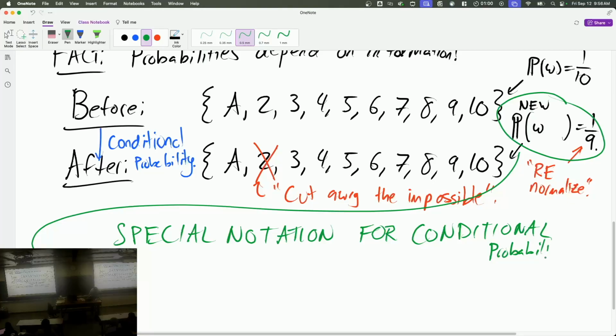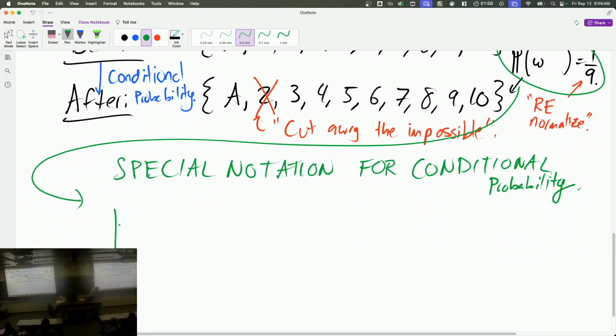And this is an absolutely essential notation that is used everywhere, all the time. And it is a bit weird looking. Here's what it is. So we will write the probability of some event, A. Let me not use A, because A stands for ace already. Let's say some event, E for event. Instead of writing P new, we write it like this. We say given, and then here we put the information we observed.